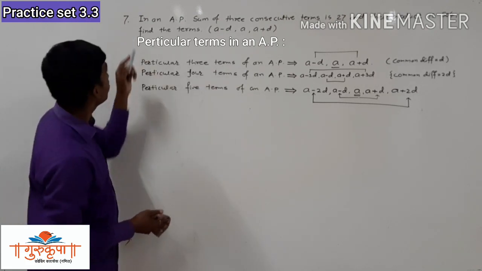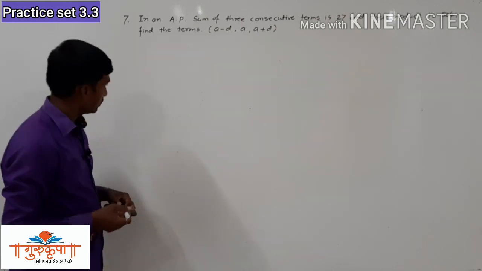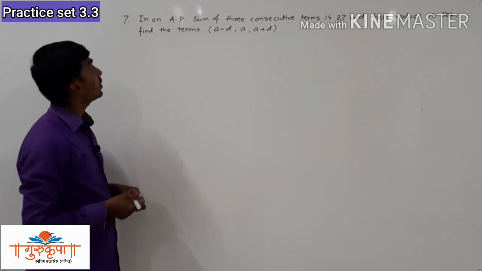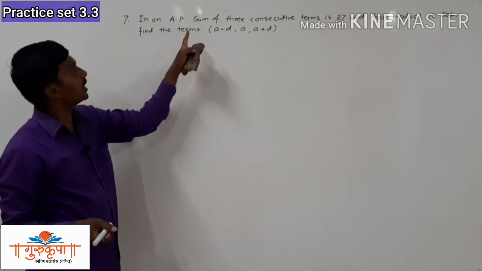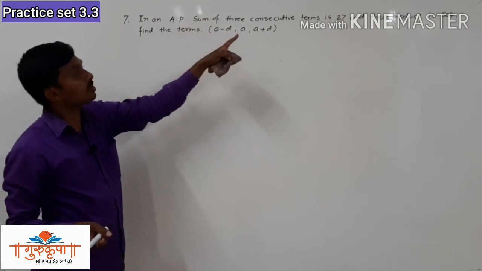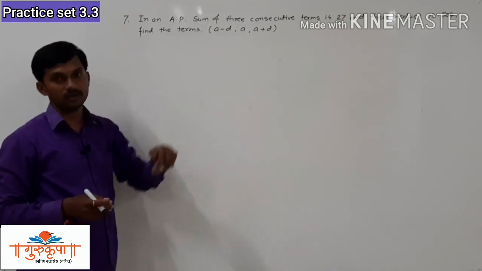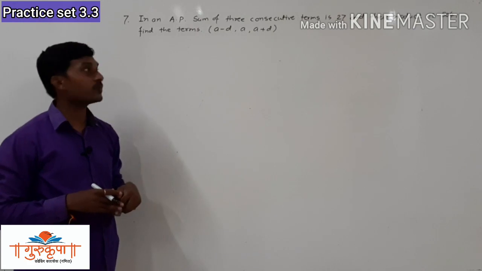So now we will simplify this example number 7. First we will write the information which is given in example number 7. It is given that the sum of the 3 consecutive terms is 27 and the product of all the 3 terms is 504.